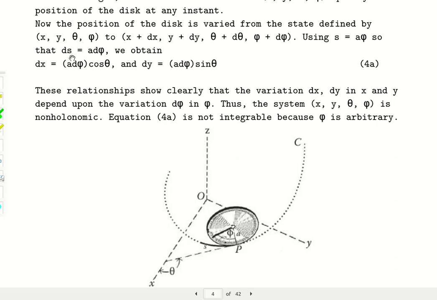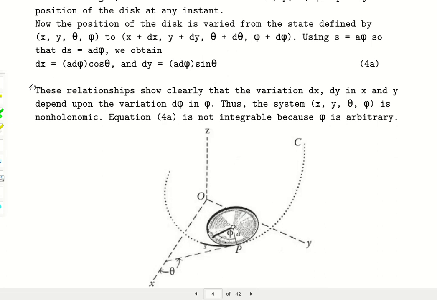You can break it into 2 components. ds is a straight line along this tangential direction, so it has 2 components, dx and dy. So dx is ds cos theta, that is a d phi cos theta, and dy is similarly a d phi sin theta. Now these 2 equations cannot be integrated because we don't know any functional relationship between theta and phi.